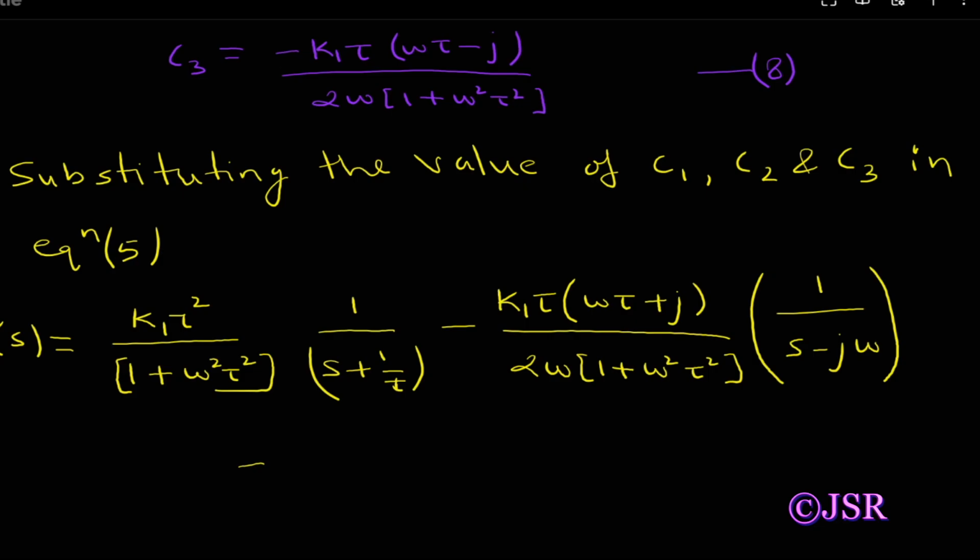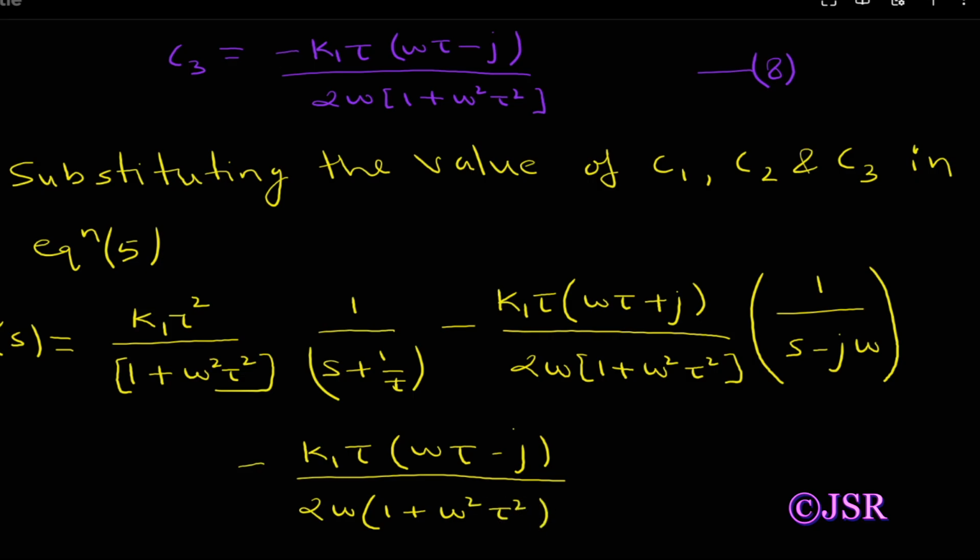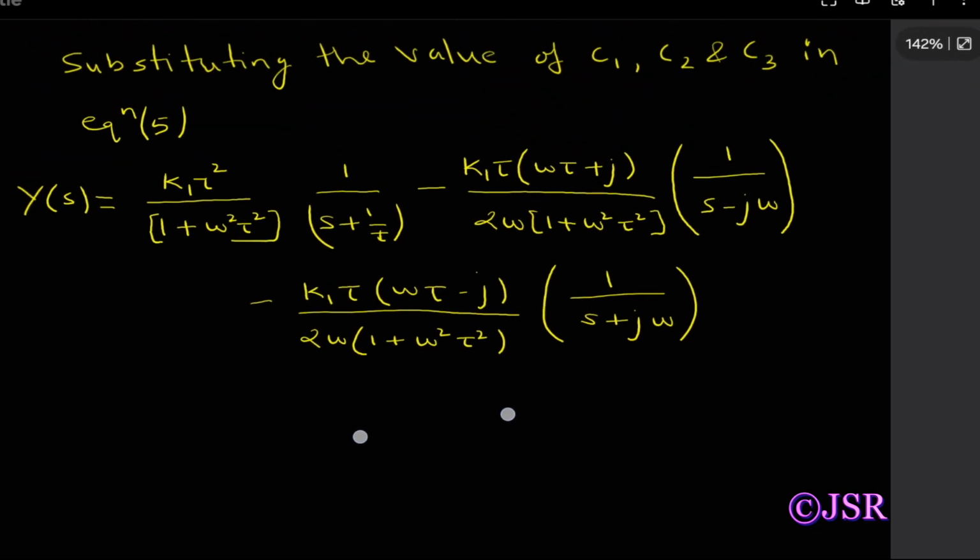Similarly, the third term is C3 upon s plus j omega, and C3 is the complex conjugate of C2, so we will use minus j: minus k1 tau (omega tau minus j) upon 2 omega (1 plus omega square tau square), and here we will have 1 upon s plus j omega. So this is equation number.